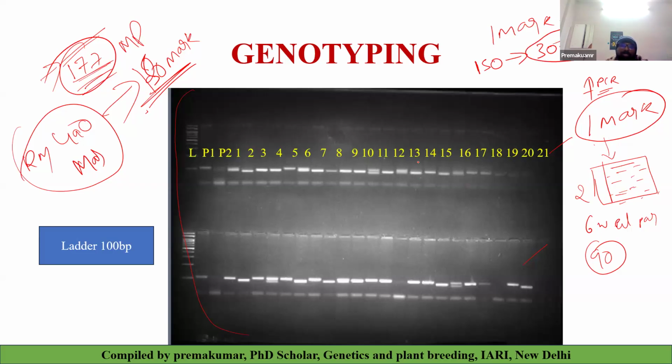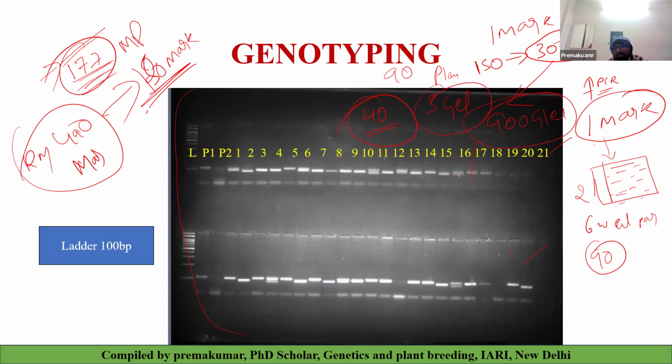If you want to run the gels, in this gel electrophoresis I can run only 40, maximum 40, sometimes 80 is also possible. So for 90 individuals, that means 3 gels per plate. 300 PCRs means 900 gels you have to run.